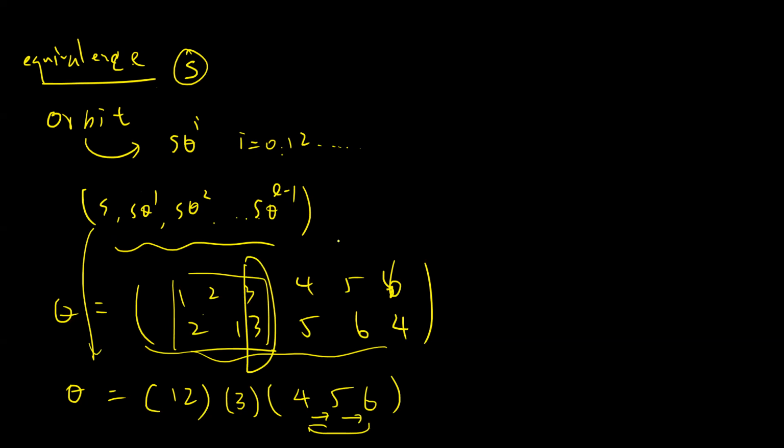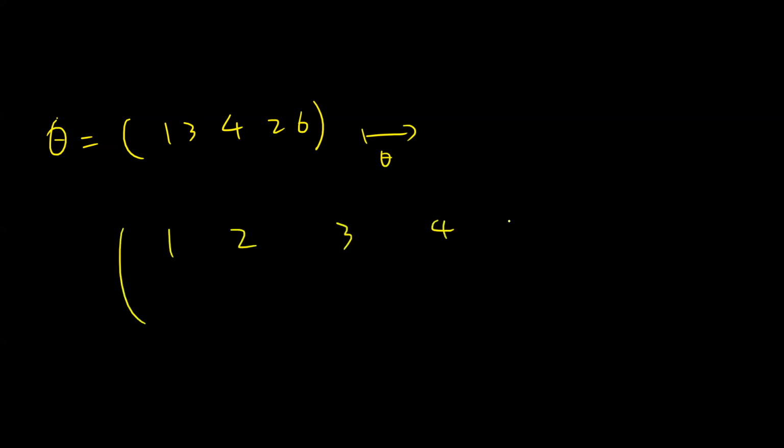Okay. Yeah, I mean, you can try a large example. So for example, let's maybe try something harder. Suppose our theta is a representation, right? It is (1 3 4 2 6). Can you change it into the common representation? So let me see. Suppose that we have 9 elements, right?